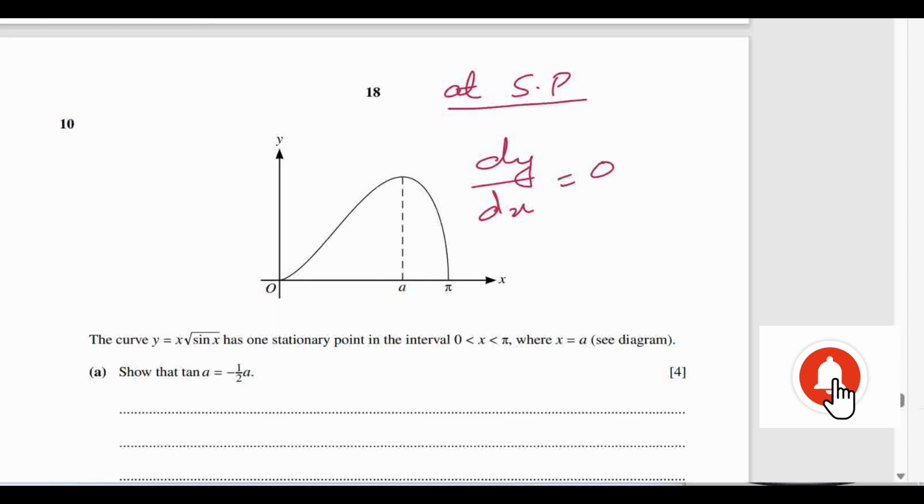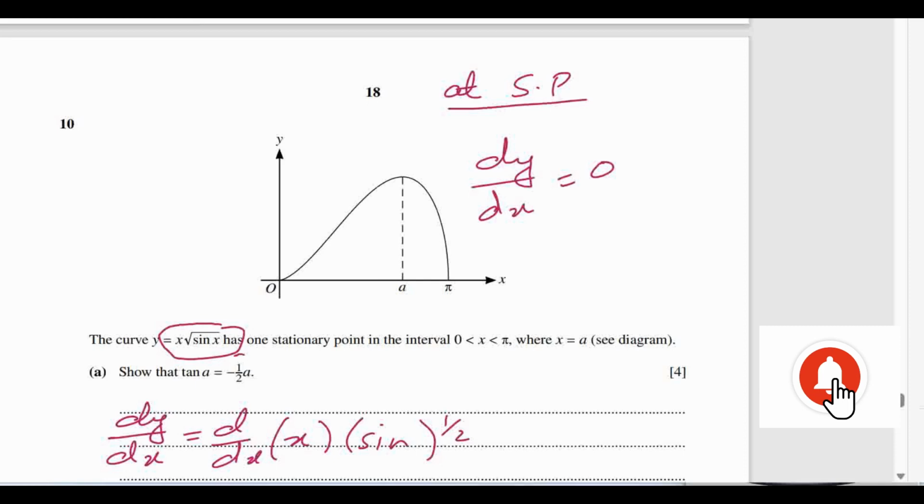Now let's see that, take the derivative with respect to x on both sides. So we can write it like this: x into sine of x whole power 1 by 2, because we can convert it like this.